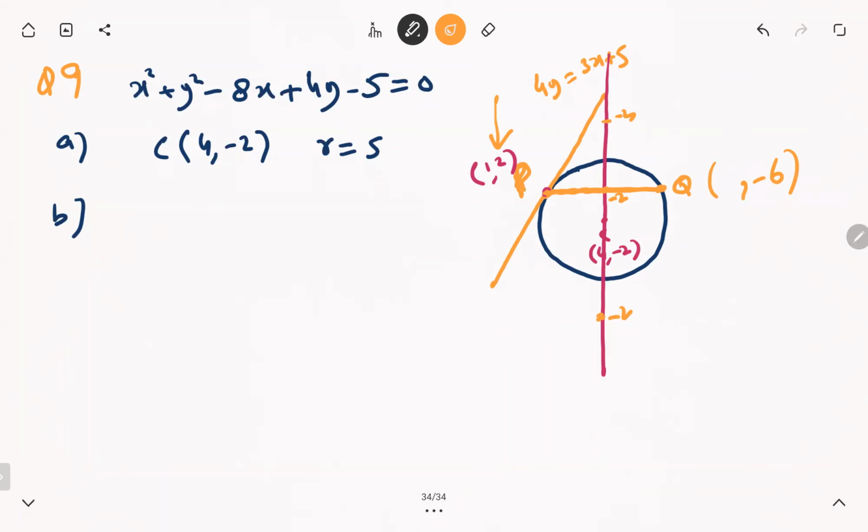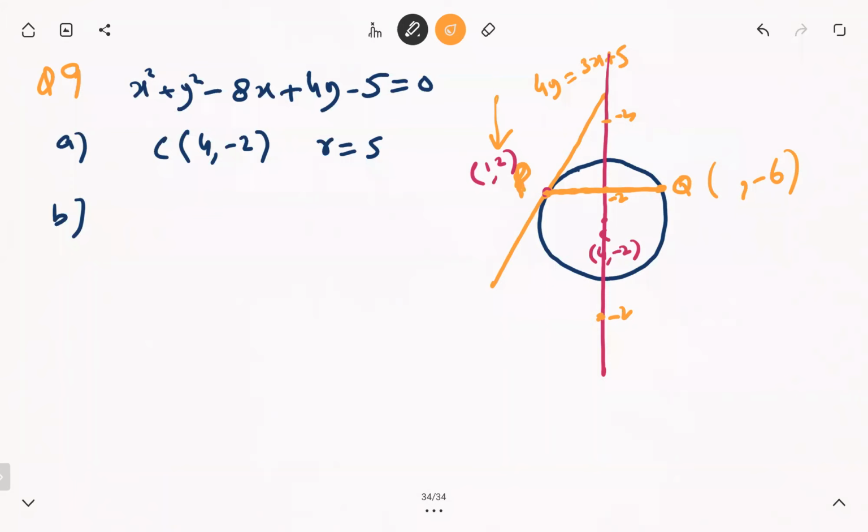So it means the y coordinate of Q is -6. G, did you get that point? It's 2. Oh, sorry, I think the coordinates of P are written wrong. Y is 2.